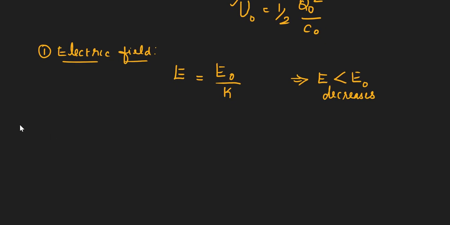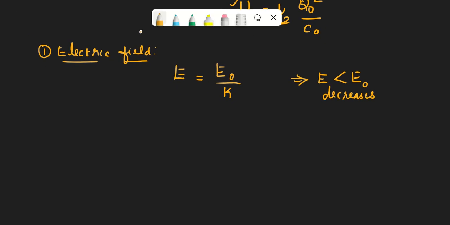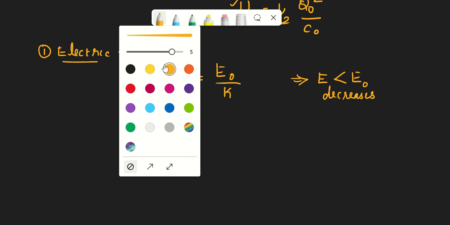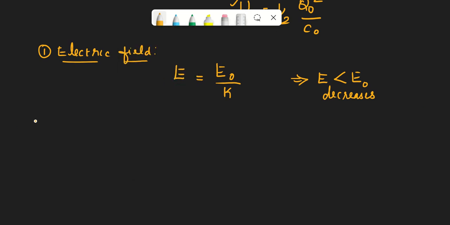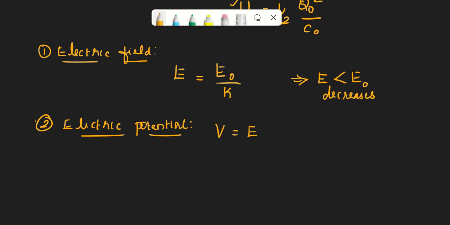Now next one is electric potential. Go in this order, it will be easy to remember also, and it makes sense. Electric potential and electric field have a relation V equals E D. Here this E is now E0 by K, that we are going to substitute here.